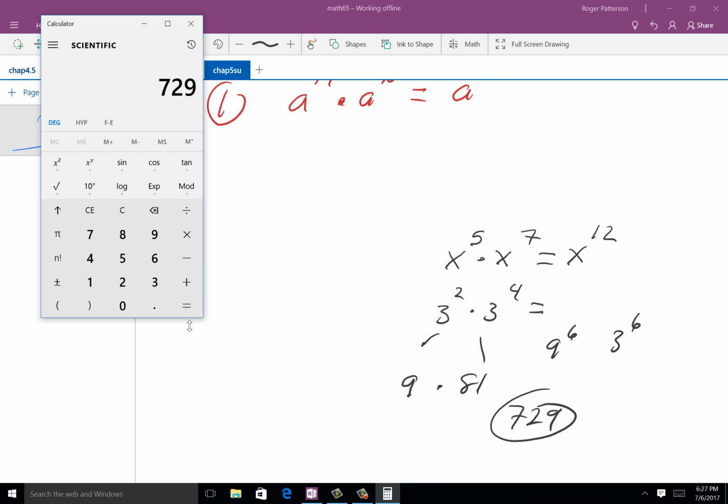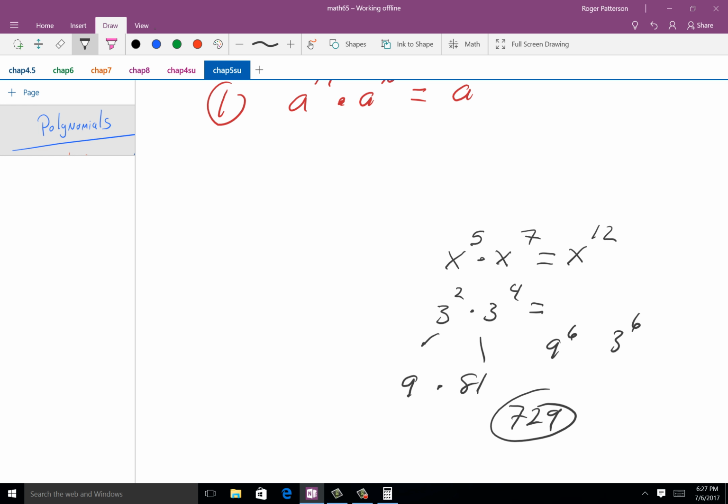Okay. So that's the common mistake that's made. So don't feel bad that you did it. A lot of people want to multiply these numbers and then add the exponents, but it's not that way. All you do is add the exponents. Okay. So that's the right answer.